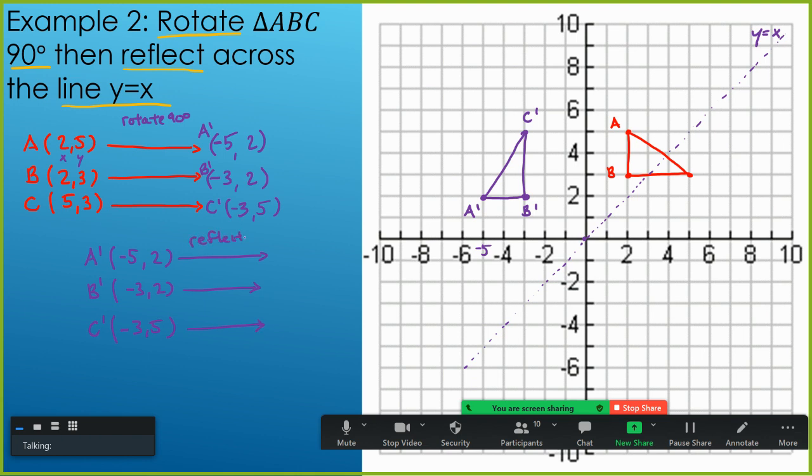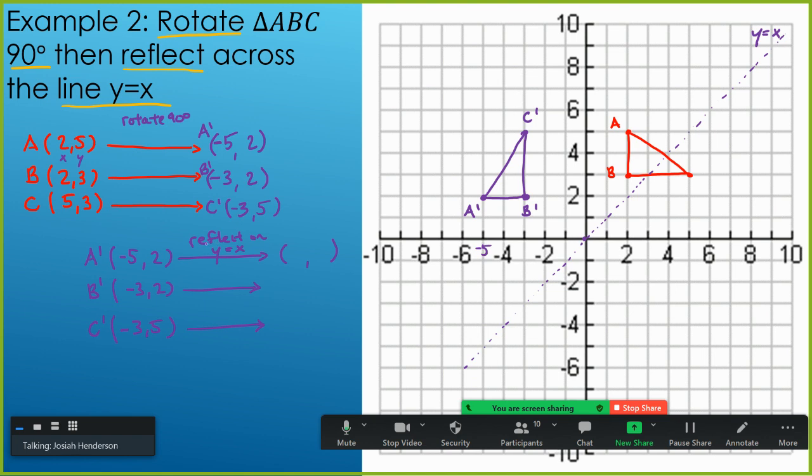Reflect on y equals x. So what's our rule for reflecting across y equals x? We simply swap x and y. So all xy's become yx. So if I swap A prime's x and y, what do we have?